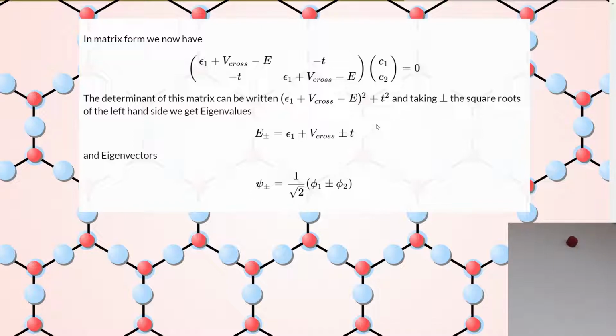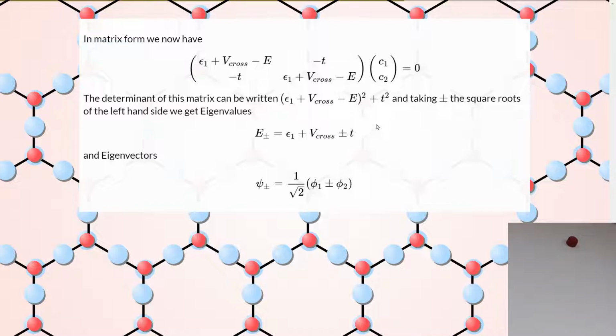That's the same for both off-diagonal elements, and with both atoms the same type, epsilon 1 is the same in both cases.